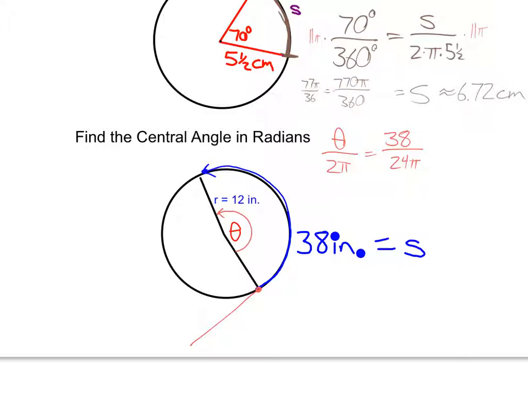So if you notice here, I can solve this simply by multiplying both sides by 2 pi. And I get theta equal to 38 over 12. The pi's cancel out, the 2 cancels out the 24 and leaves a 12. So I have 38 over 12, which is 3 1/6 radians.